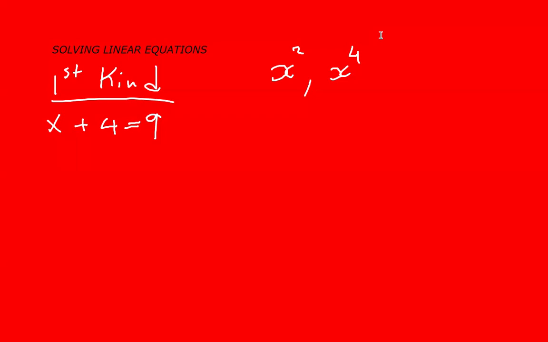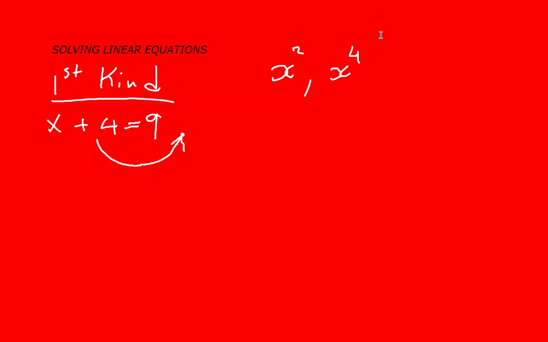Now, how do you solve this? We need to solve for x. Now, the 4 is standing in the way of us having a solution to x. So simply what we do, and this is a new trick in algebra, we need to make a crossover of the positive 4 to the other side where there is 9.